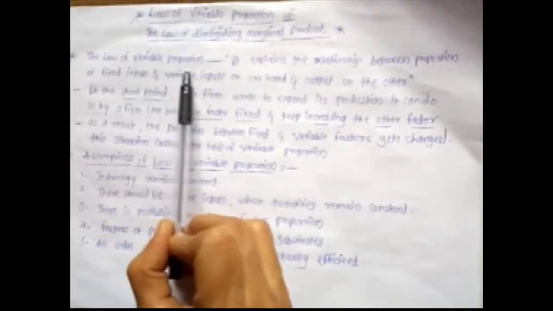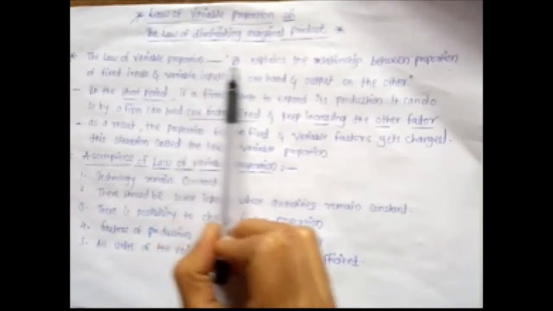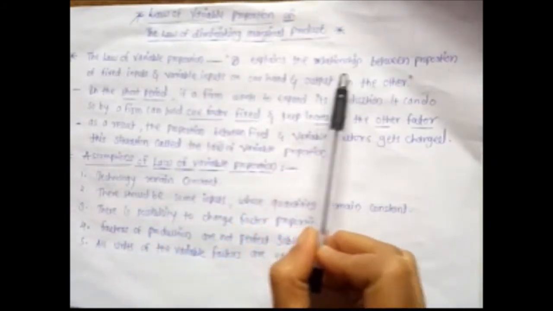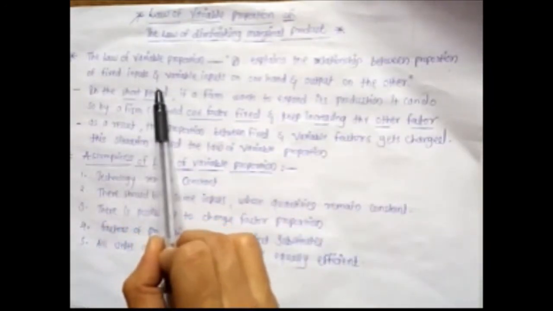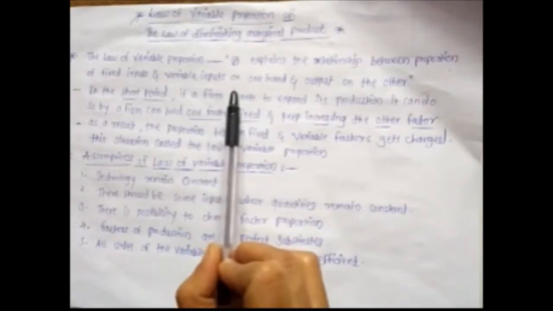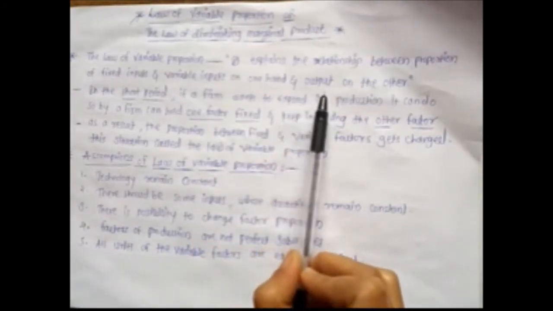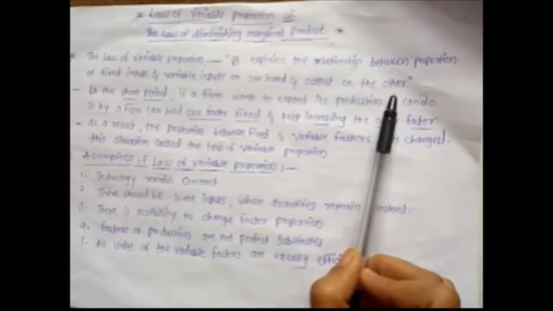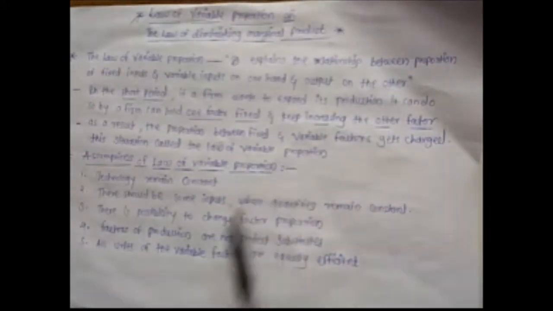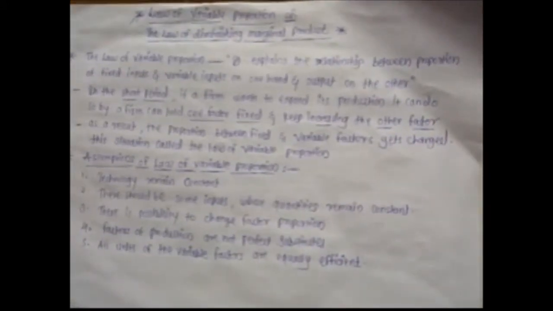The law of variable proportion explains the relationship between the proportion of fixed inputs and variable inputs on one hand and output on the other. You know, there are four factors of production: land, labor, capital, and organization.